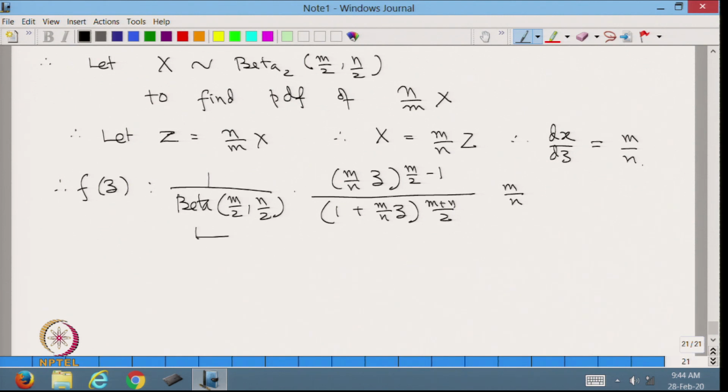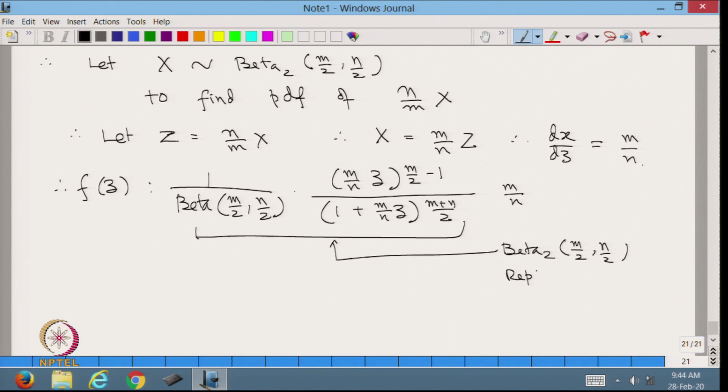So, this is coming from Beta2 with m by 2, n by 2, replacing x with m by n z, and this is coming from dx/dz, which is equal to m by n.